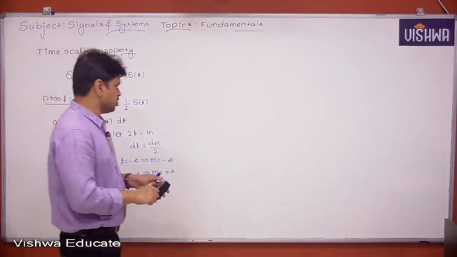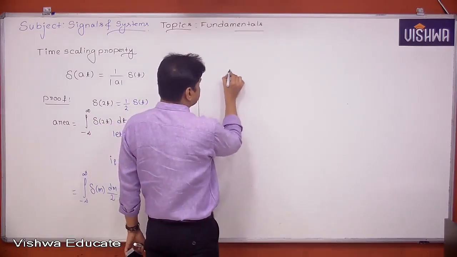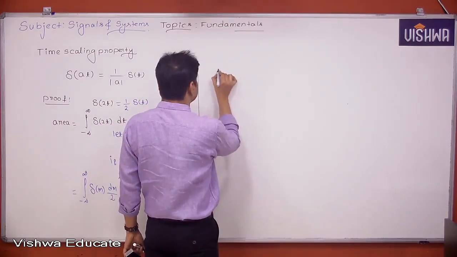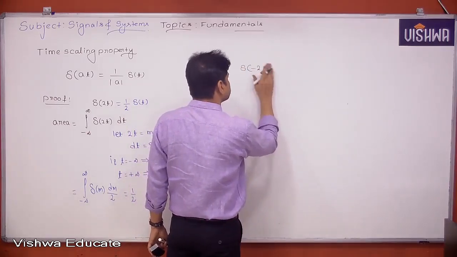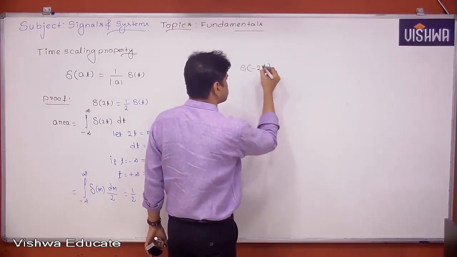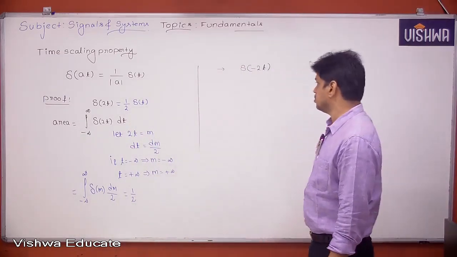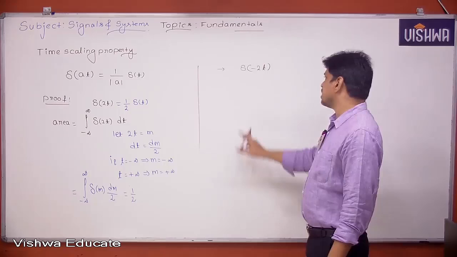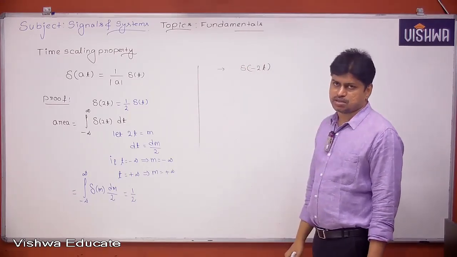You can understand with another example. If I take another example, which is delta of minus 2t, again where does this signal exist? The argument, that is minus 2t, has to be 0.